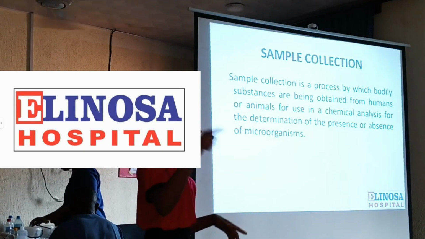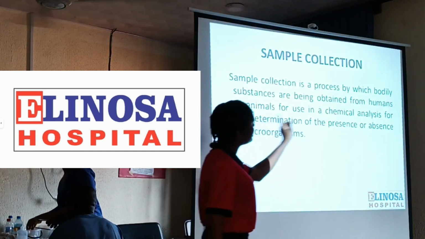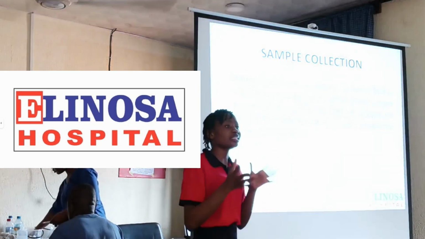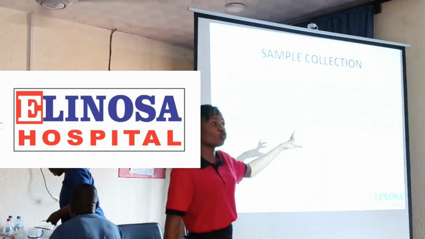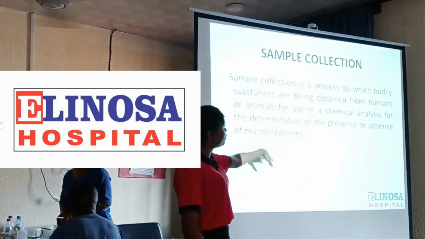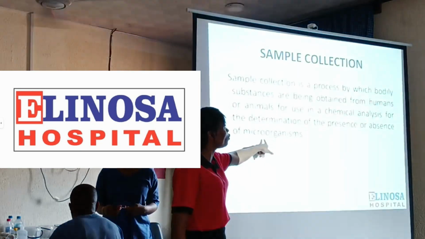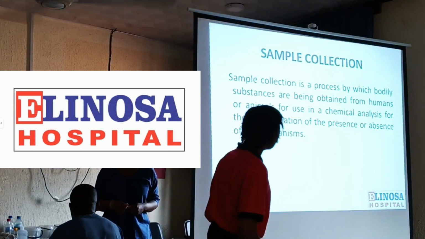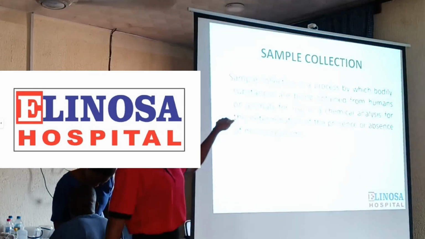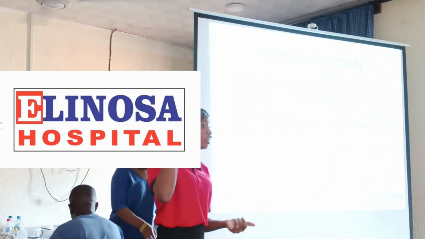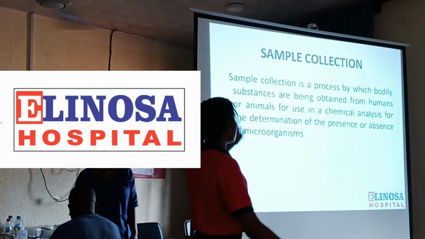That means samples can also be collected from animals, and also humans, for use in a chemical analysis. We are collecting that sample just to run analytical tests on it for the determination of the presence or absence of microorganisms. So this is the purpose of why we collect samples. It is the process by which you obtain that sample from either humans or animals, to test for the presence or absence of microorganisms.